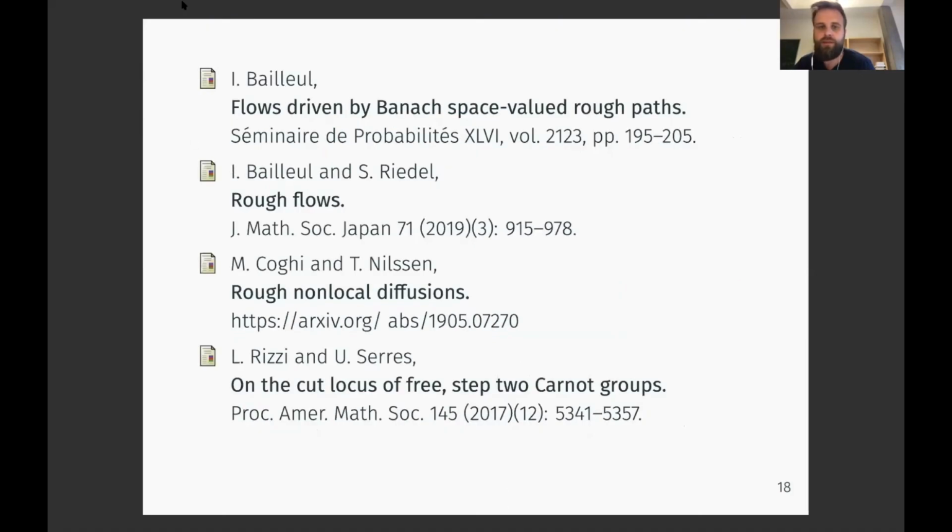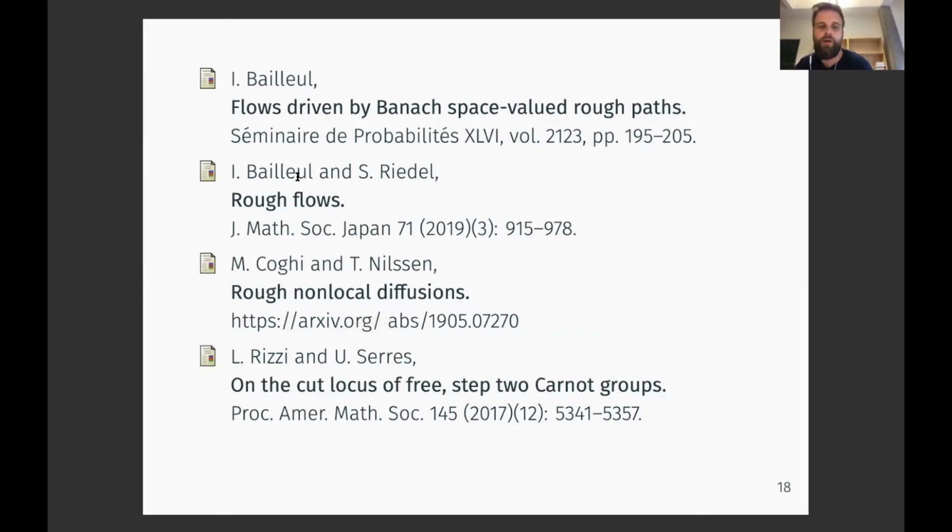So let me just say a little bit about the references and go back to the previous slides a bit. These rough flows were introduced by Bayer in this paper, and in more detail with Bayer and Riedel. The way that you can recognize these rough drivers as rough paths in continuous self-endomorphisms was described by Cass and Nielsen in this paper here.